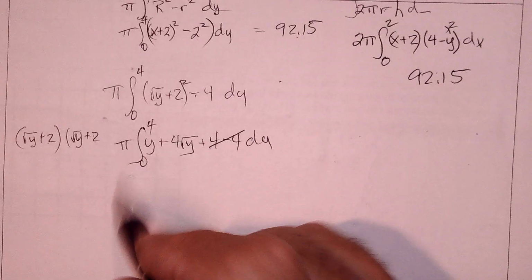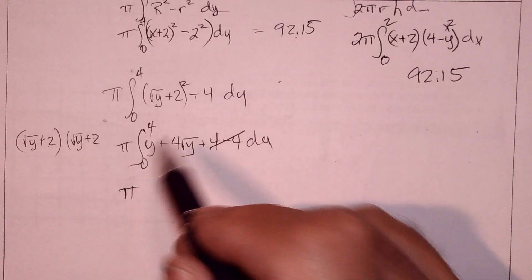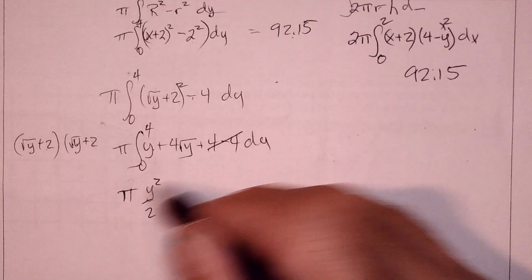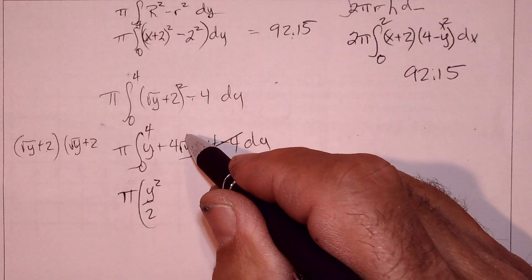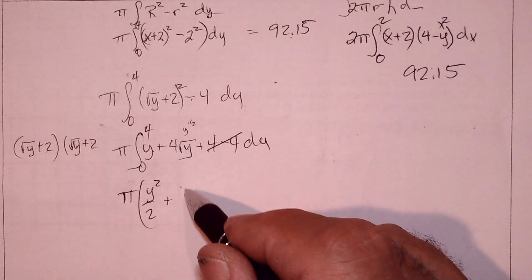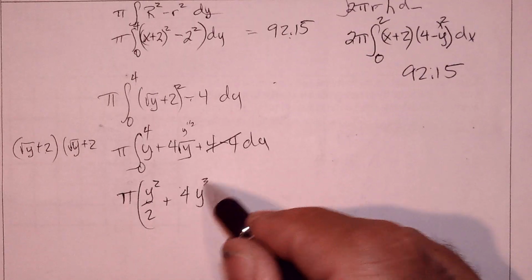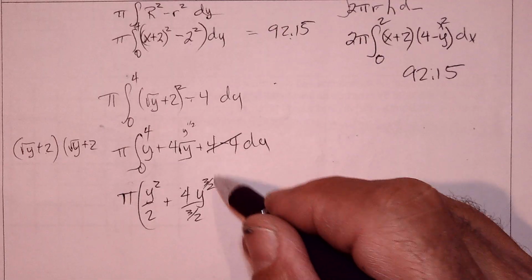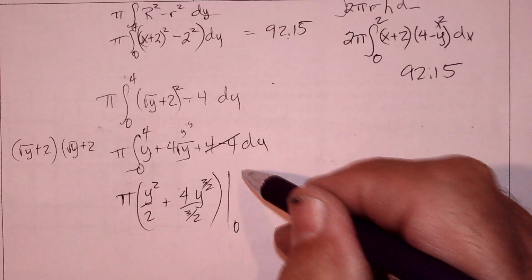So this is going to be pi. Antiderivative of y is y squared over 2. Antiderivative of y to the 1/2 is y to the 3/2 over 3/2. Evaluated from 0 to 4.